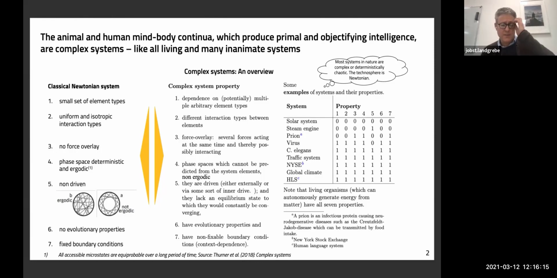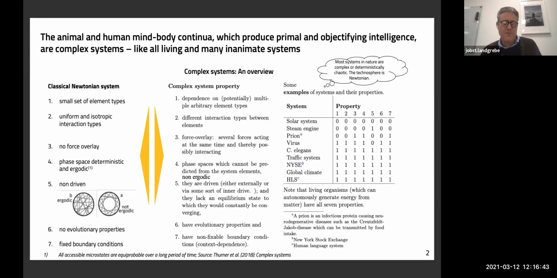That's an inanimate nature example, but in animate nature, so in animals and other organisms like plants, bacteria, fungi, they are able to actually create the energy that drives them. So they are self-driven. Such organisms also have evolutionary properties, so they can all the time add new elements, new element types, new interaction types.